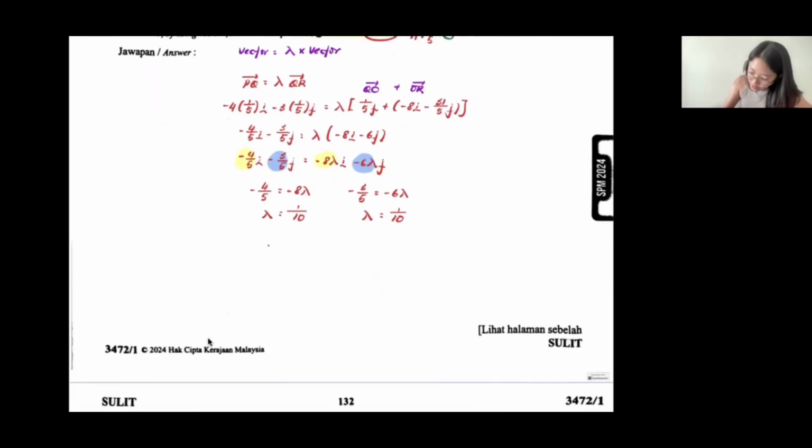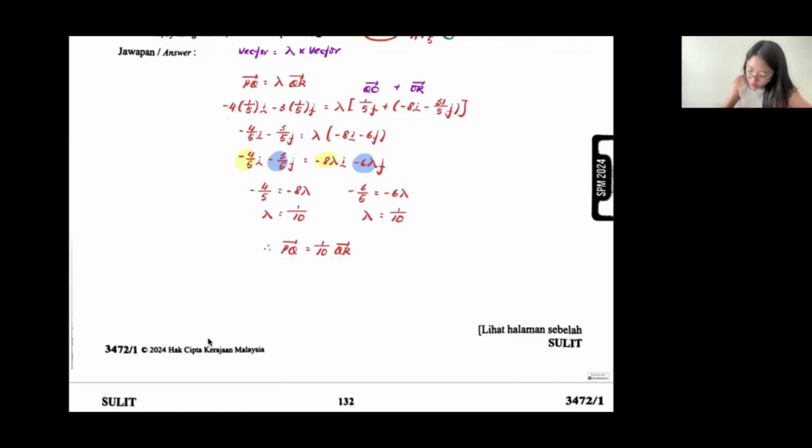So let us write it in this form: PQ equals 1/10 QR. But you need to prove that it is collinear. Collinear means you need to take out a common point. The vectors I took over here have a common letter Q, so Q will be the common point.